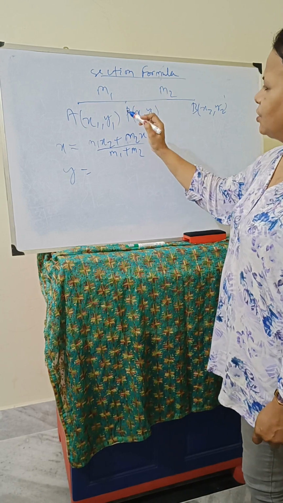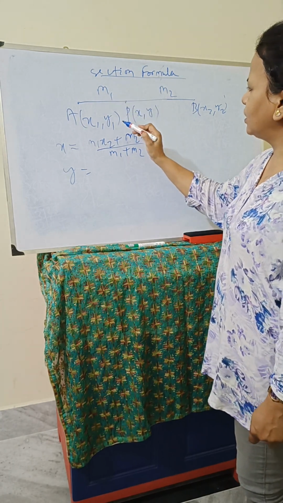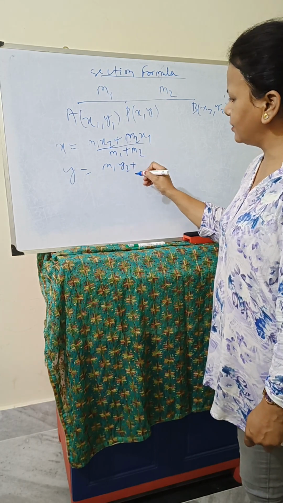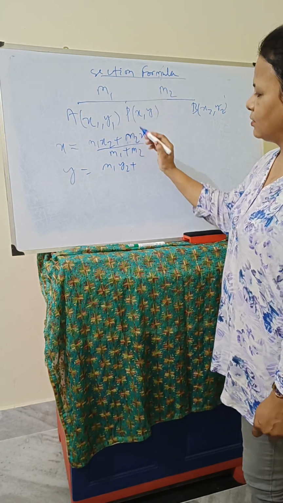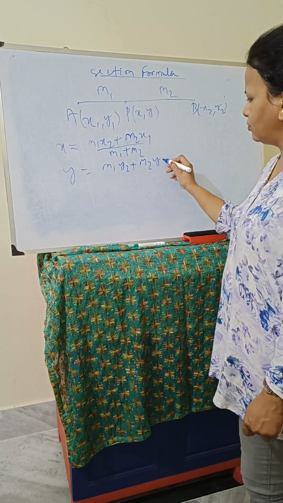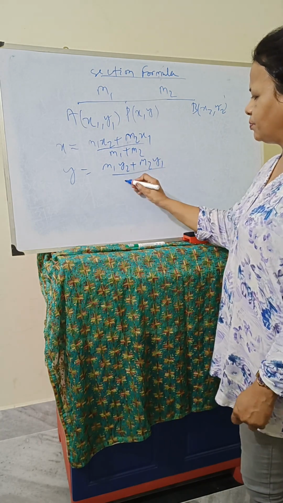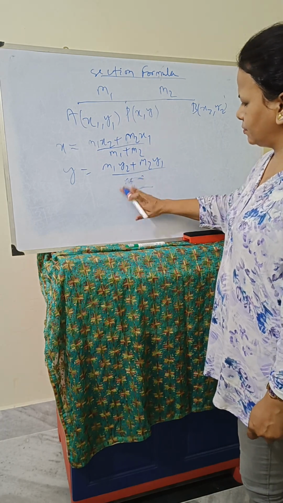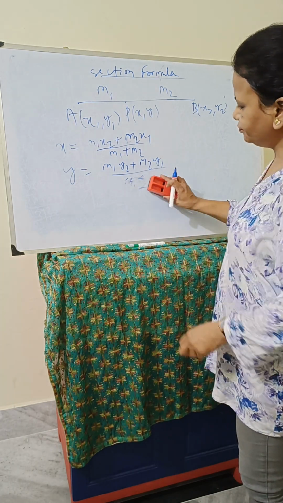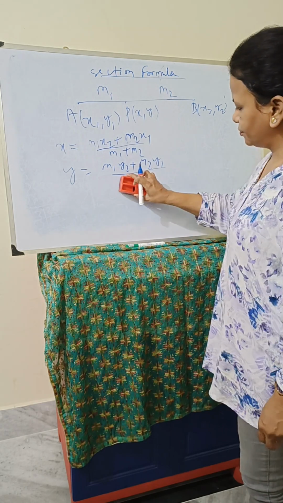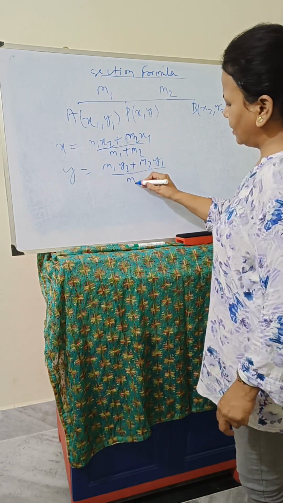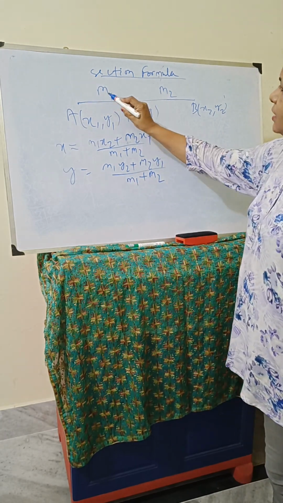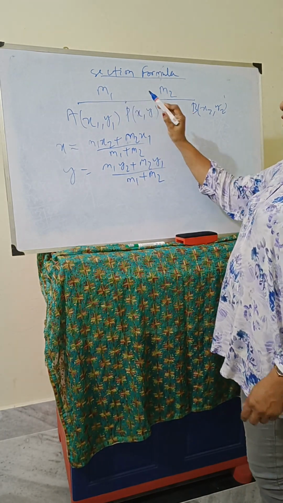This y coordinate can be obtained by doing m1 y2 plus m2 y1 divided by m1 plus m2.